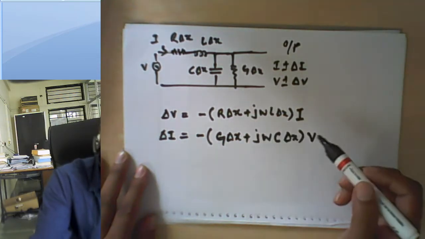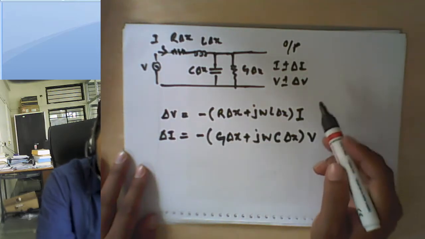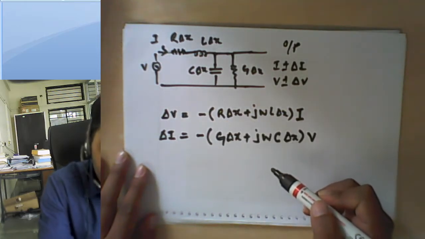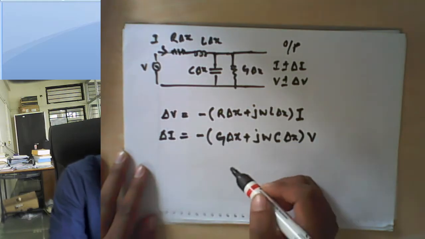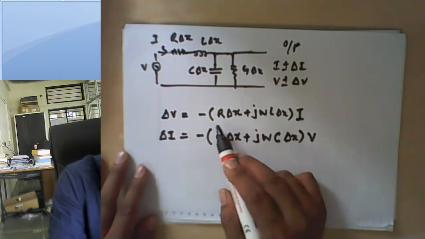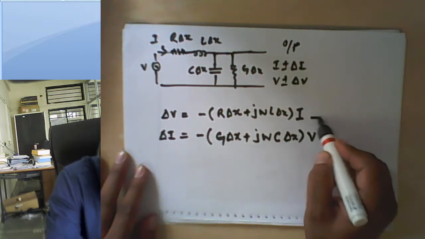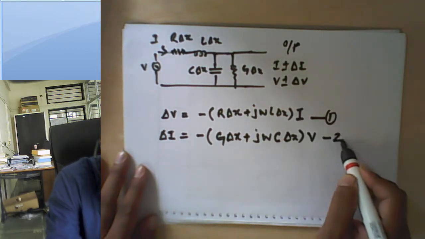Now since we have taken a very small section of a line, that's why we are having a delta X. Now we'll simplify this; we'll take delta X common. Let us take this as equation number 1, and this will be equation number 2.